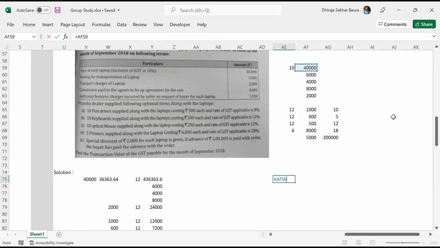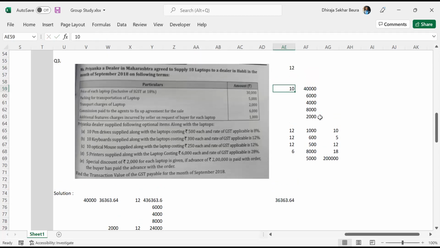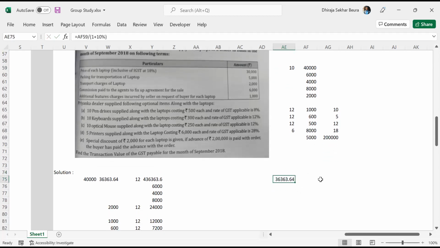Divided by 1 plus the rate; the rate is 10%. GST is 10%, and 12 is the number of laptops, so that's what you got confused about. You had taken 12 incorrectly; the remaining is all correct. So 36,363 is the final value.